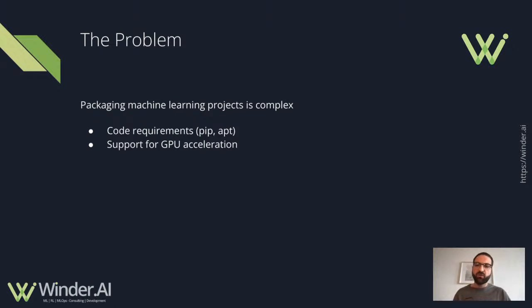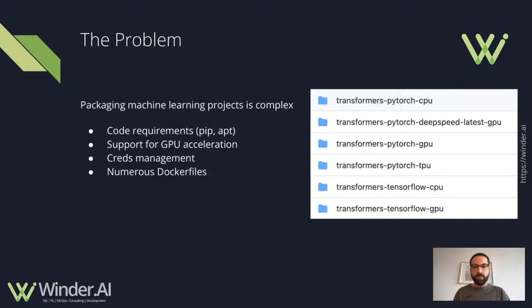Then you also need to, if you want to exploit GPU acceleration, you'll need to provide your package with support for that as well. Sometimes this can be very, very complicated. On top of that, you might also need to manage credentials to access data or private library repositories.